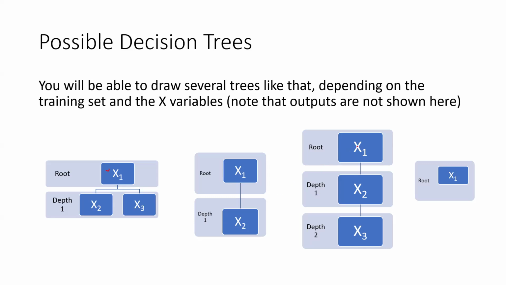Or you can add x1, x2, x3 with a much deeper tree. Or if your data is sufficiently explained by this particular decision variable, then x1 would be sufficient. So there are different trees that you can create with the given data set for the given set of variables, in this case x1, x2, and x3.